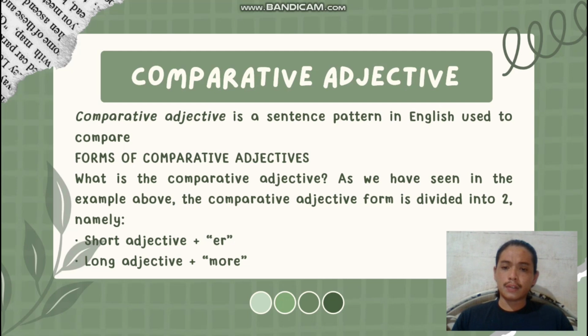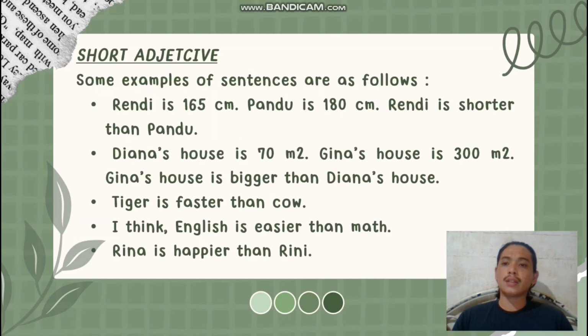Short adjective plus -er. 2. Long adjective plus more. Okay, short adjective. Some example sentences are as follows. Randy is 165 centimeters. Pandu is 180 centimeters. Randy is shorter than Pandu.